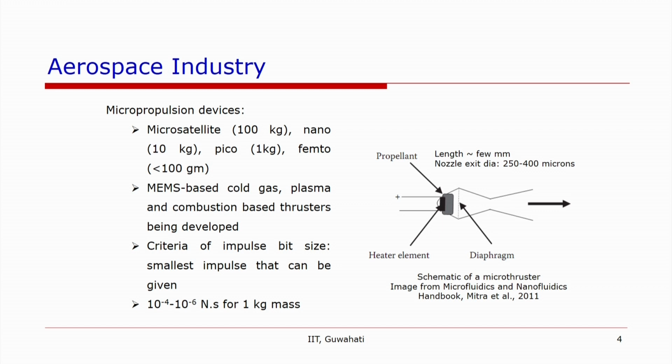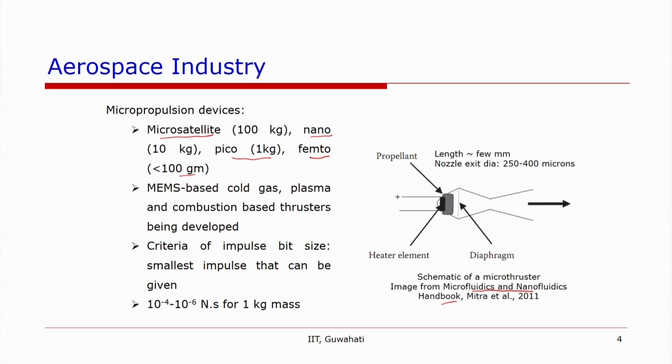A satellite which weighs about 100 kg is named a microsatellite. A satellite which is about 10 kg is a nanosatellite. A picosatellite is 1 kg, and a femtosatellite is less than 100 grams. This classification I have taken from the microfluidics and nanofluidics handbook.